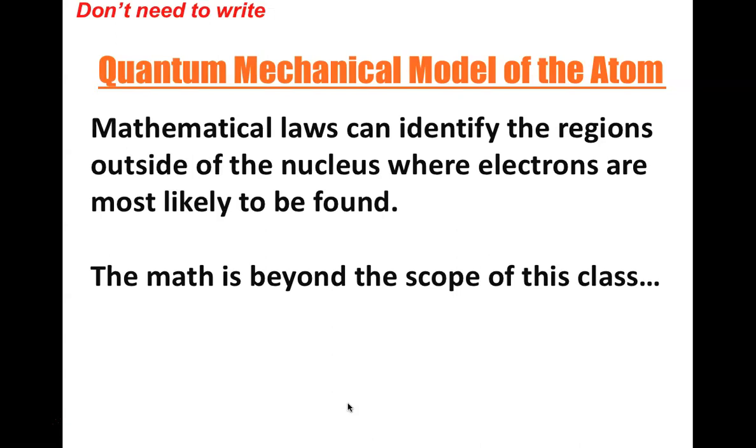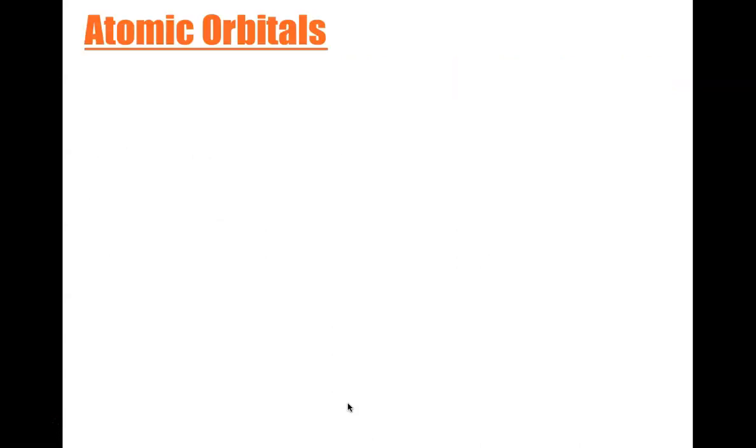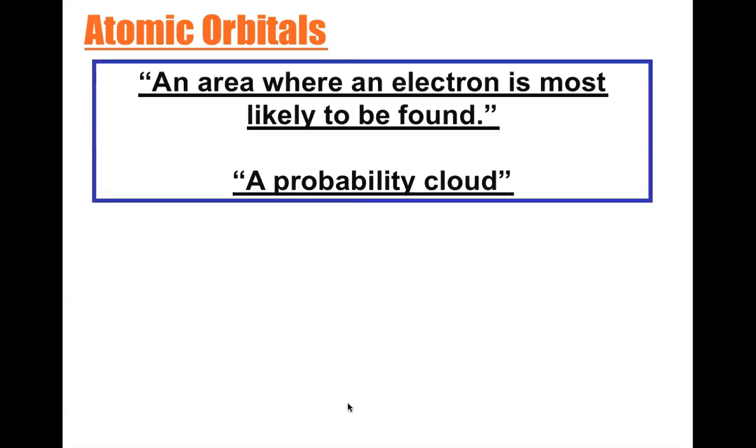And yes, the math is calculus, even above calculus. So we're not going to get into the math. Don't worry about the math. When you get to college, then you can play with the math. So what these mathematical functions predict is atomic orbitals, a mathematical representation of space.